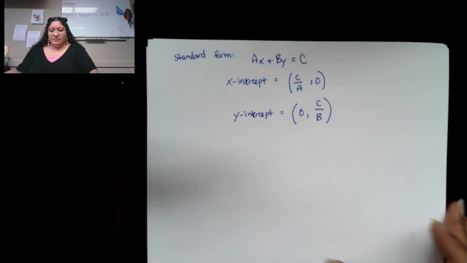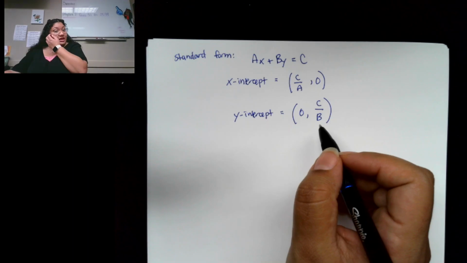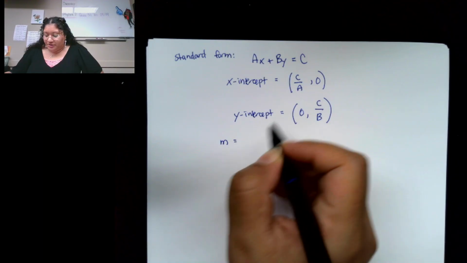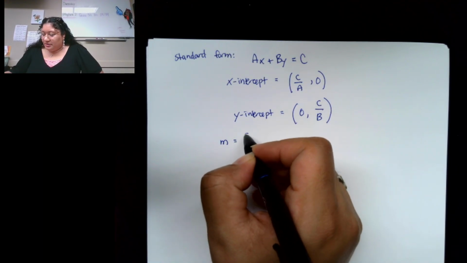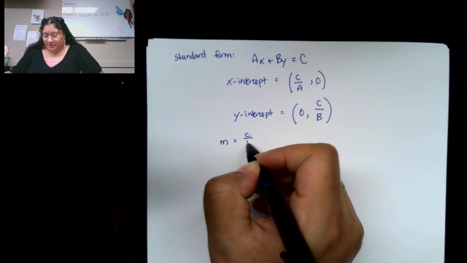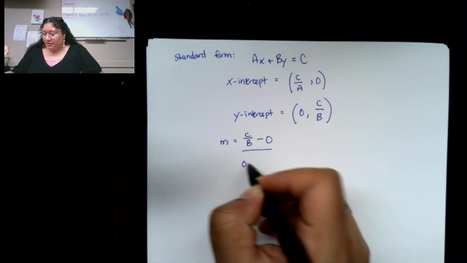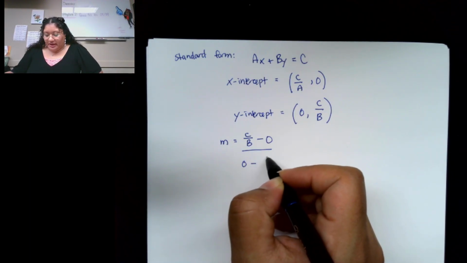Okay? This allows me to then solve for slope by doing my y-intercept minus 0, over 0 minus my x-intercept.